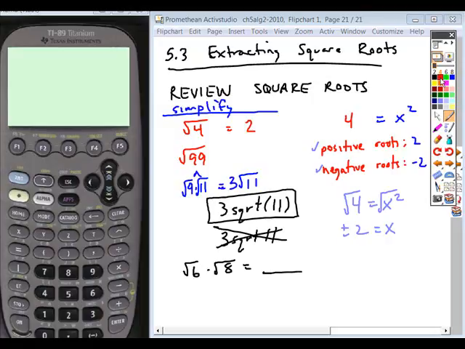Assuming you're doing this by hand, what do you think you could do? Okay, so we can combine this product into one. So we get 6 times 8, which is 48. And then what? Can we look to find any perfect square factors from this? Are there any perfect square factors that you can see are factors of 48?